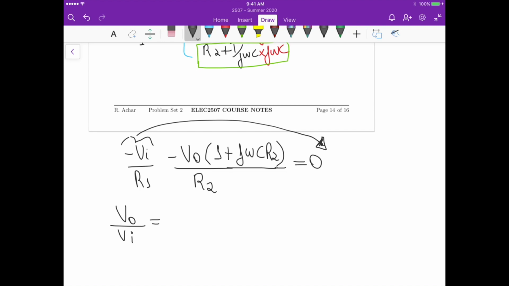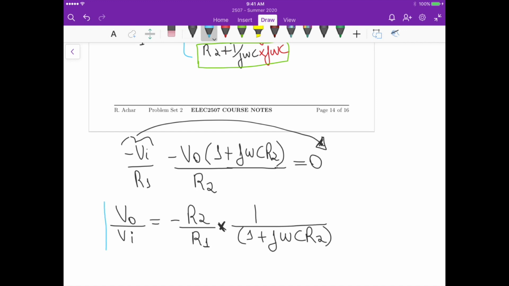This is the same as minus R2 divided by R1 times 1 over 1 plus j omega C R2. Okay, so I'm splitting these two multiplications in two. You'll see in a bit why. It simplifies the analysis of the DC gain and the 3 dB frequency. Okay, so this is the voltage transfer function.